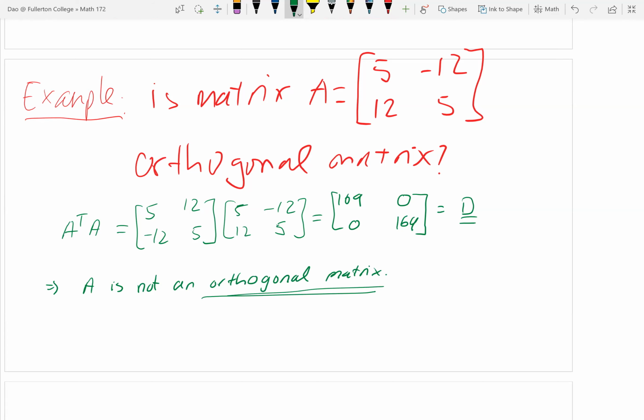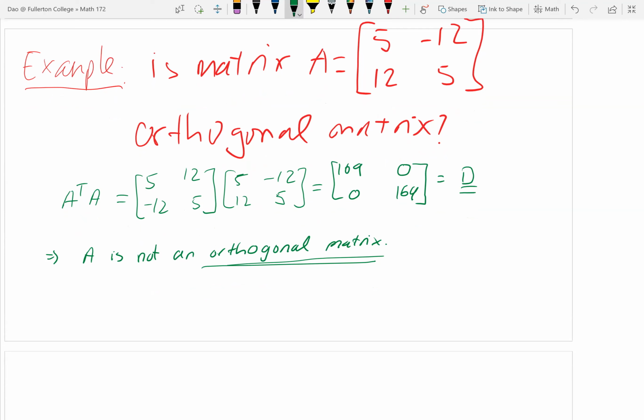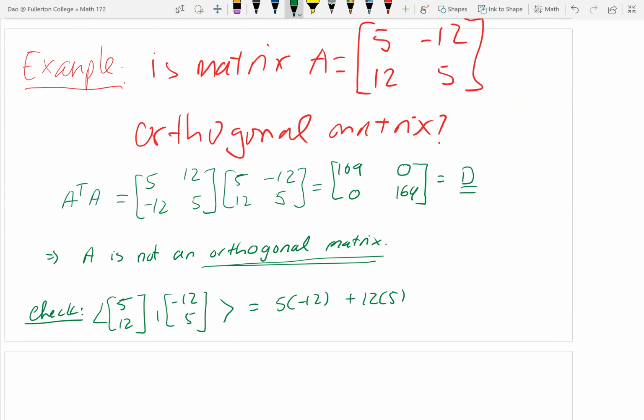So how do we make A become an orthogonal matrix? You can see here that when you take the inner product of 5, 12 with -12, 5, we get 5 times -12 plus 12 times 5, which is 0.